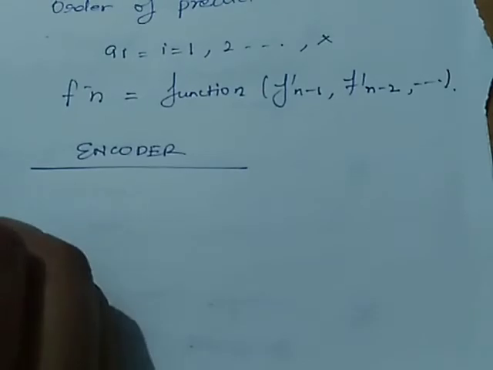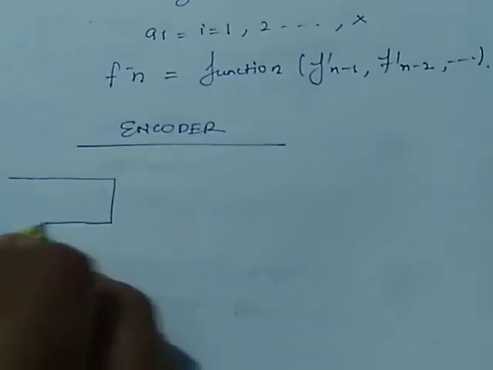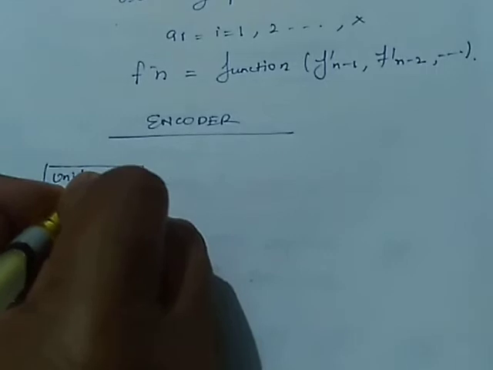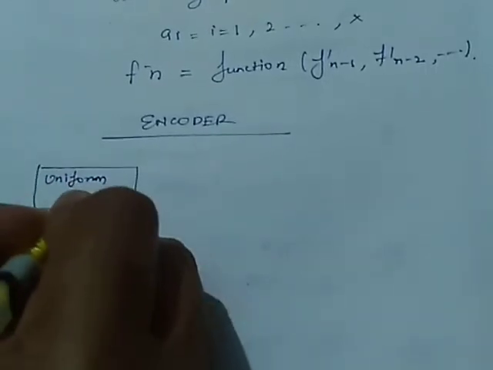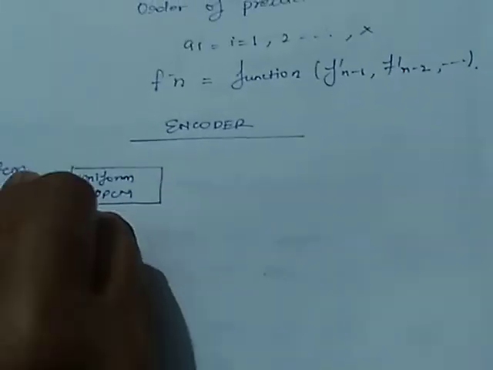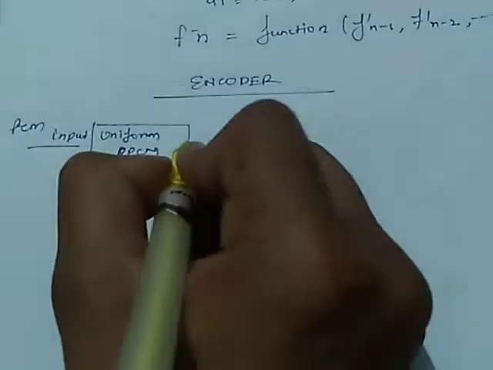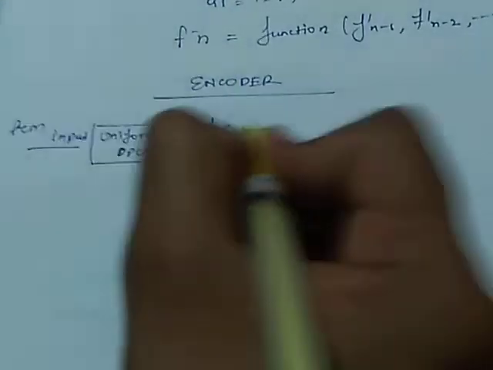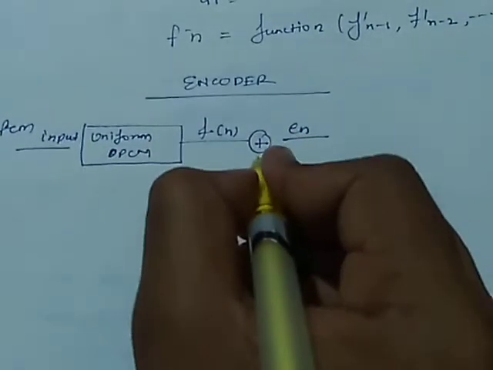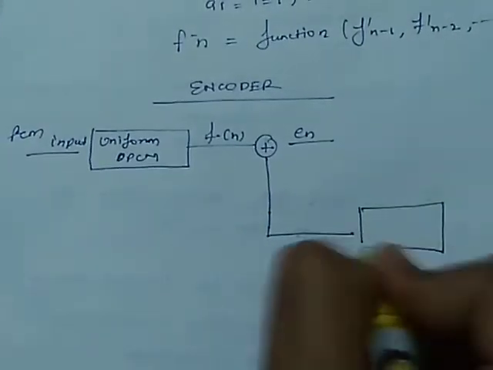To encode a signal, we have a uniform DPCM. Here we will get a PCM input. Now we have the function Fn, we have En, that is the prediction error, we have the adaptive predictor.